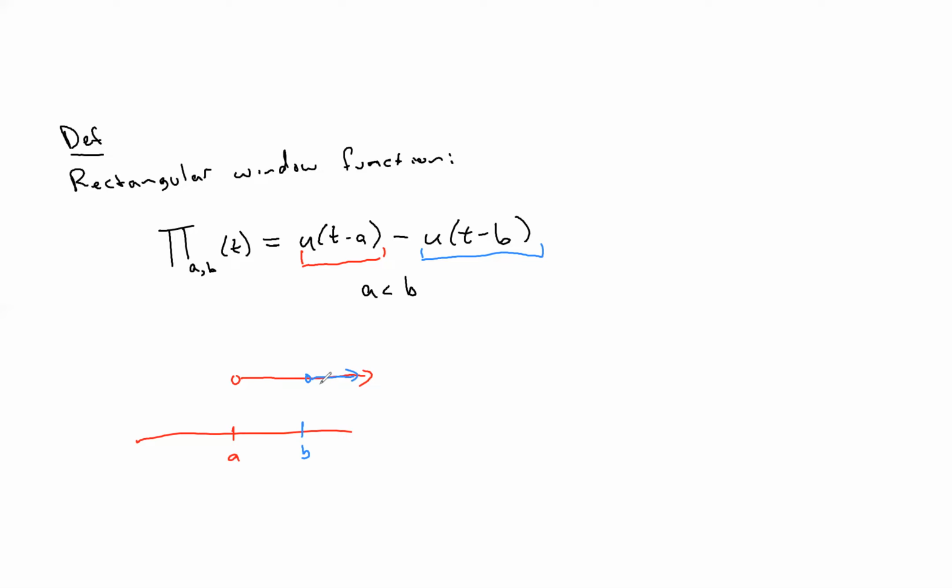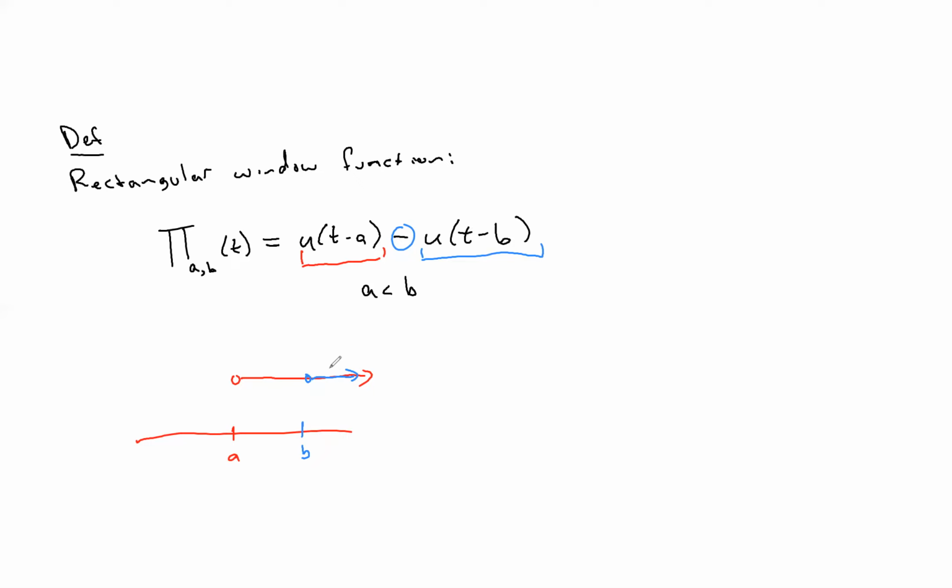Okay, so now let's think about what's happening if we subtract these two functions from each other. If I do u of t minus a minus u of t minus b, the second function is always 0. So up until this point b, I'm not subtracting anything. But then all of a sudden at b, this function is 1, and this first function is also 1. So if I'm doing 1 minus 1, when I subtract them, I'm going to get 0.